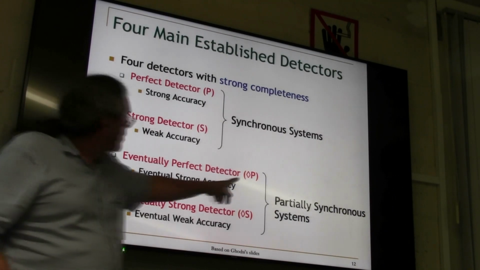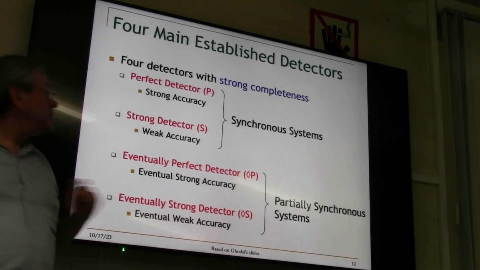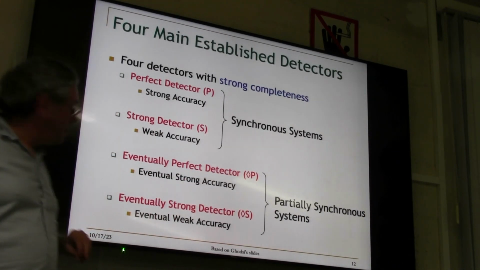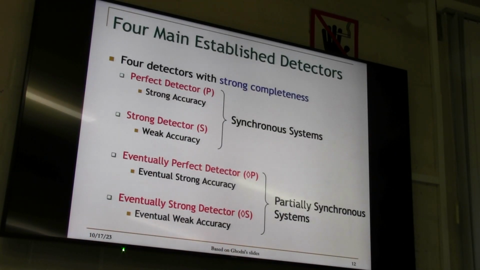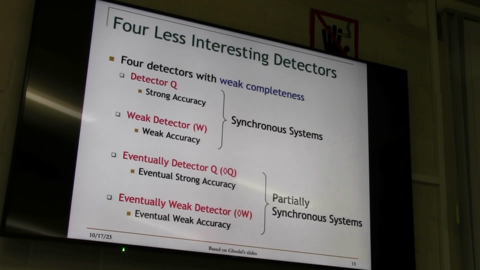This is the one we'll be using the most, called eventually P. So by far, the two most important ones are P and eventually P. And then there are even other ones, which we'll basically never use, but to be complete, sometimes if you look at old papers, they will talk about these.